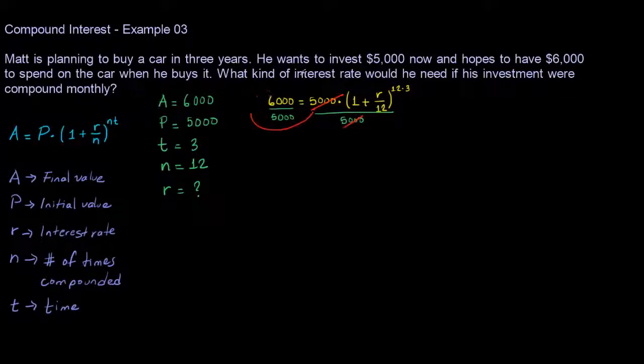And now 6,000 over 5,000 is just equal to 1.2. So we got that 1.2 is equal to 1 plus R over 12 raised to, we can simplify the exponent, 12 times 3, which is 36.